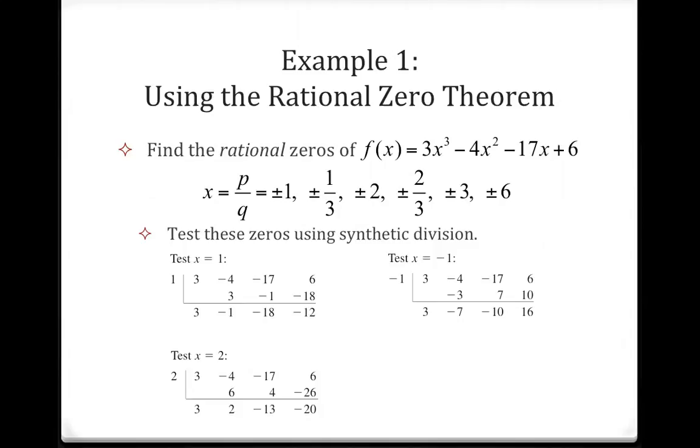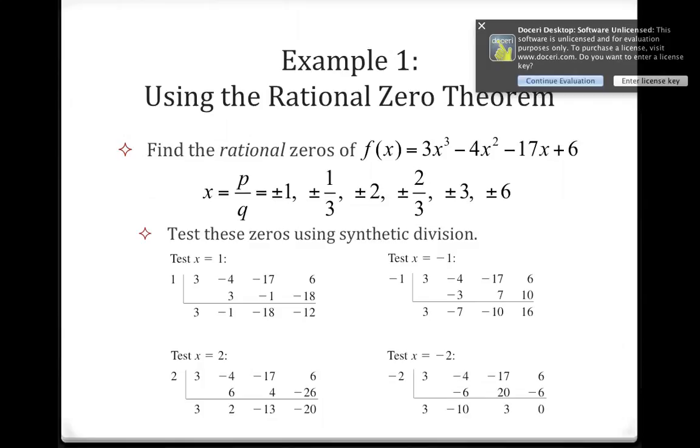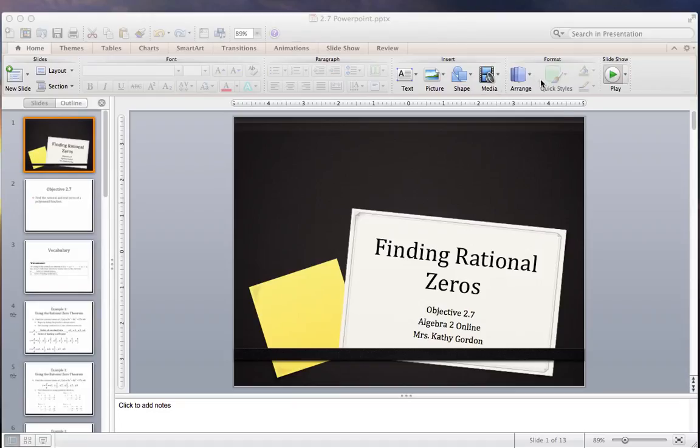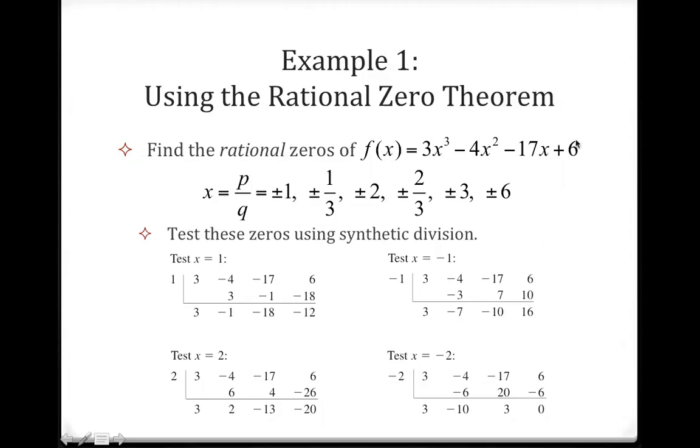Well, that gives me -20. Still doesn't work. Maybe I try -2. And there I get my bingo, along with this silly little message. There we go. All right, so now I have something that works. Now I have that 0 right here for the remainder.